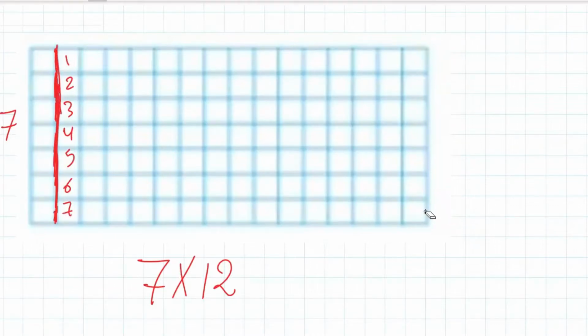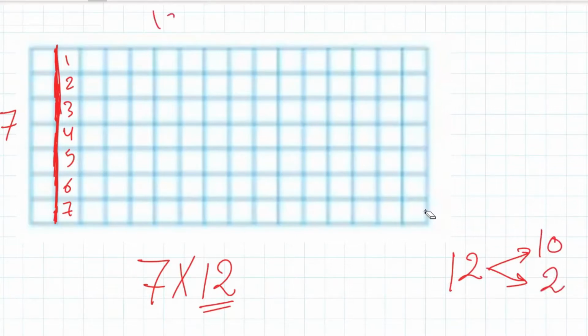Okay. After that, we have 12. So it will be 12 here. It will be 10 and 2, right? So let's divide it here 10 and here 2. Let's see. We have 1, 2, 3, 4, 5, 6, 7, 8, 9, 10.